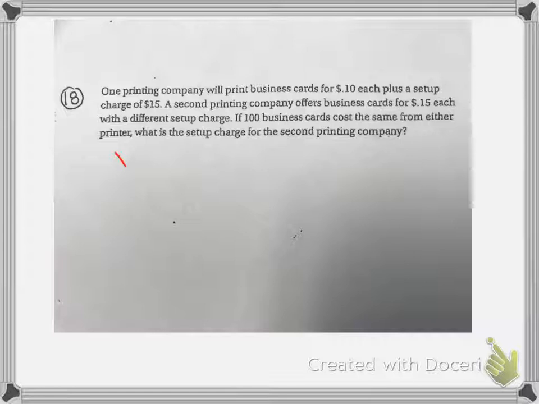Okay, so the business cards, we're going to call that X. And we're going to use the setup charge as C. So X times 10 cents from the first plus a $15 charge is the same as X times 15 cents plus the charge.